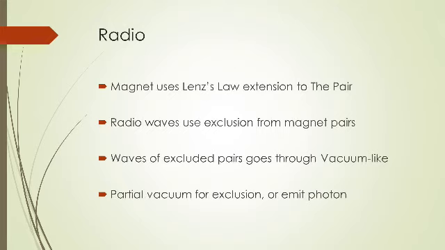All right, so now I've explained those basics of the Lenz's law and the Pauli exclusion principle. Now, how does that apply to radio, for example? Lenz's law is about the pair, the proton-electron. That's what Lenz's law is about, that as the electron currents go around the electromagnetic circuit, there's also a proton current going around.